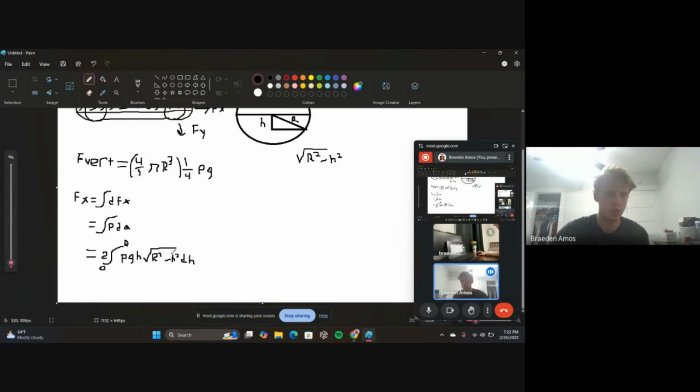Okay, so now we're ready to start integrating a little bit more, but we have to do integration by substitution. So our u is going to be r squared minus h squared, du is equal to -2h dh. So now we can take these out.